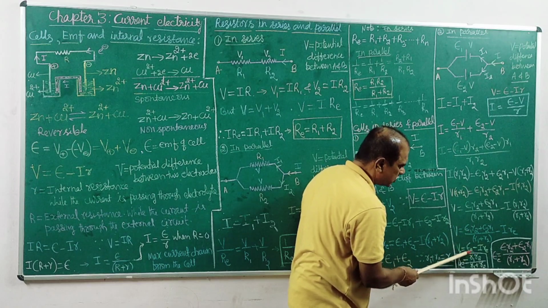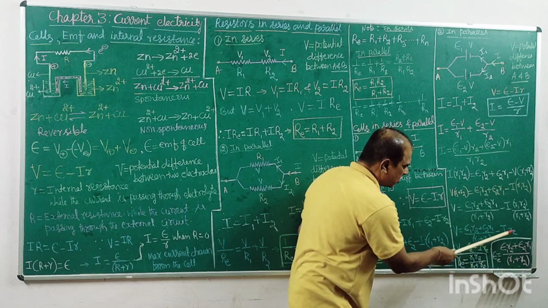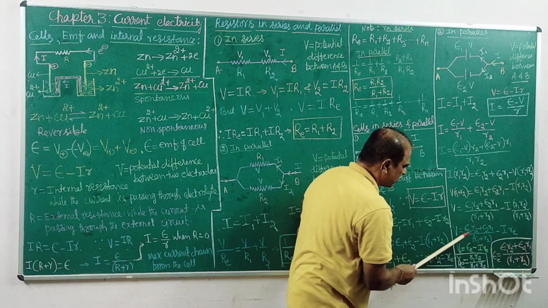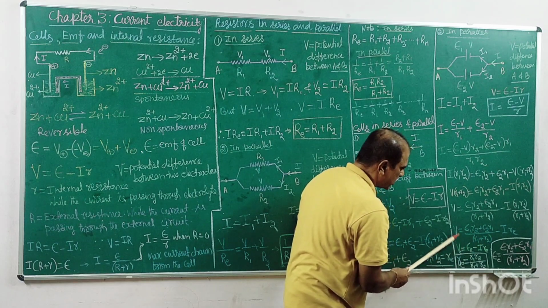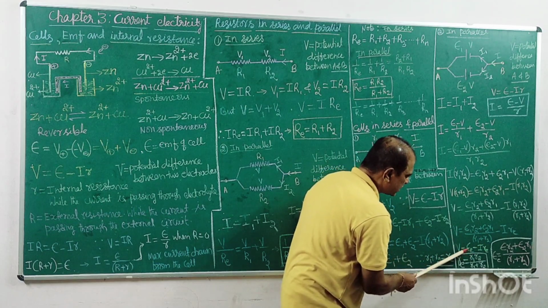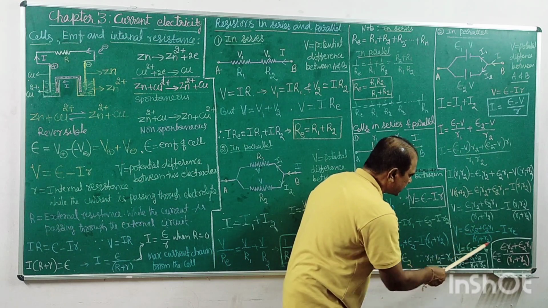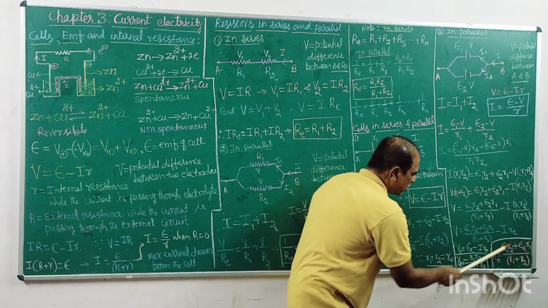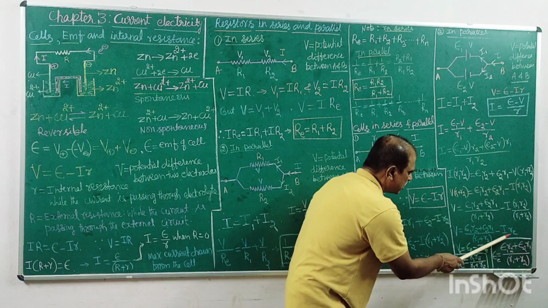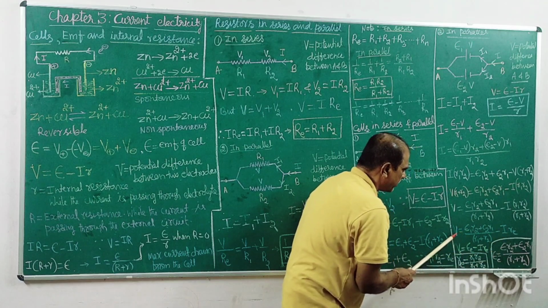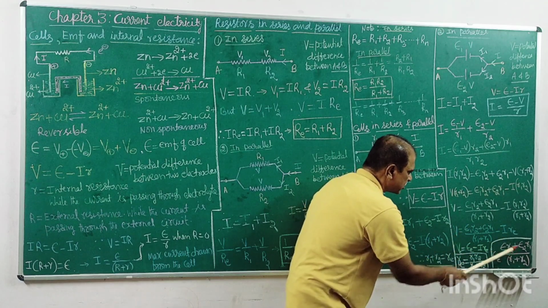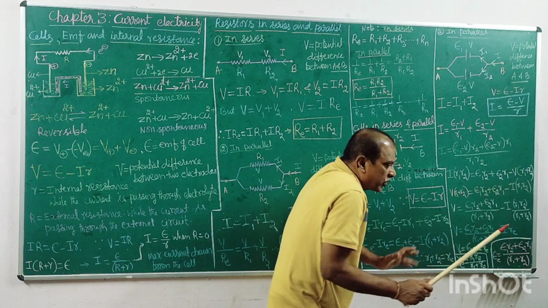Just compare these two equations. Look at this second term, it remains the same. The first term remains the same. Then what is epsilon E? Epsilon E is the second term like this. So you can compare these two. Therefore, this must be equal to this. So this is how we can derive it.